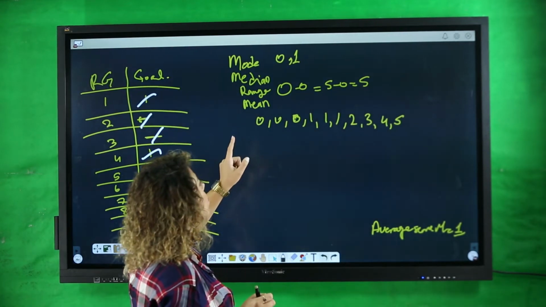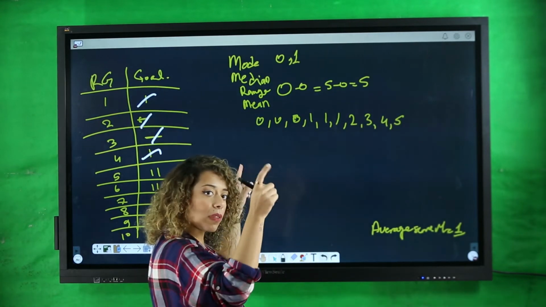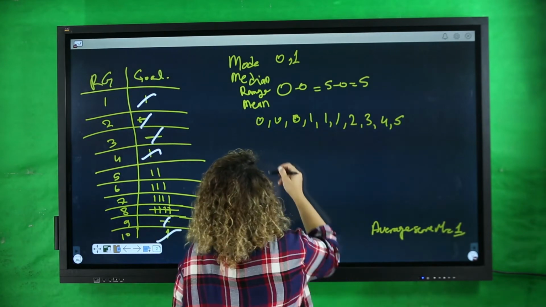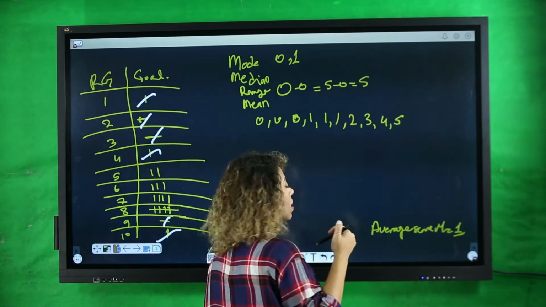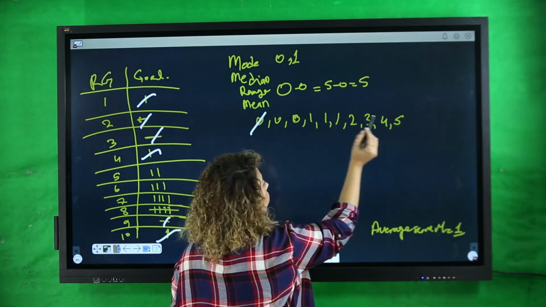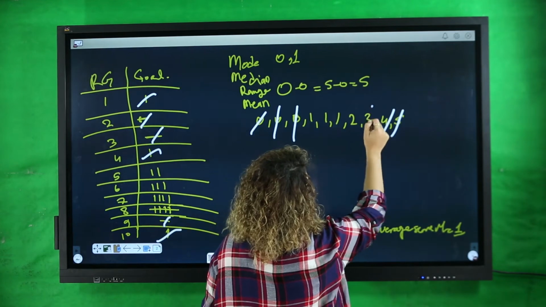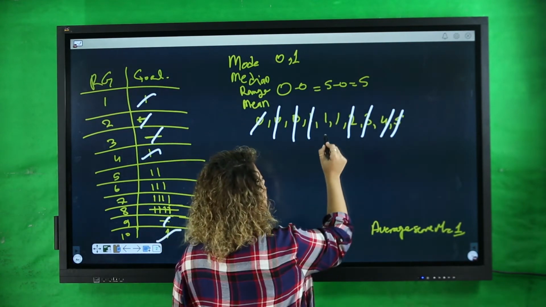What about the median? The median is the one in the middle. So we cross out from the sides until we reach the middle one. And because it's 10 numbers, we're gonna have to do the same thing as for Messi. So 1, 2, 3, 4. We're also left with 1 and 1.